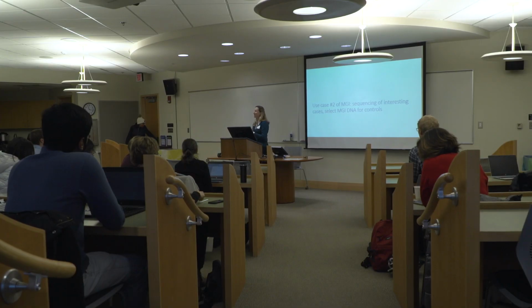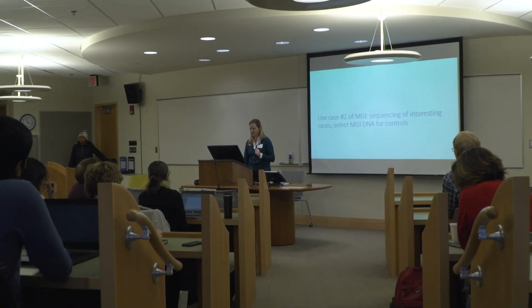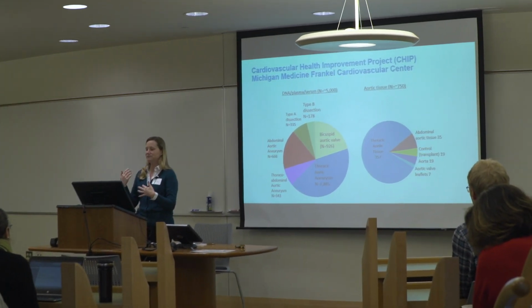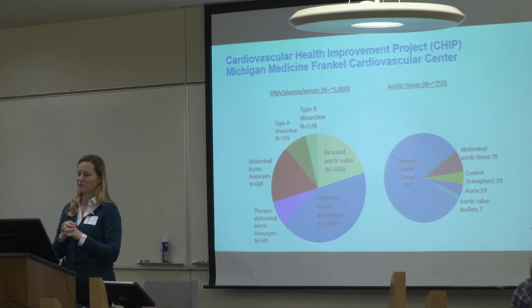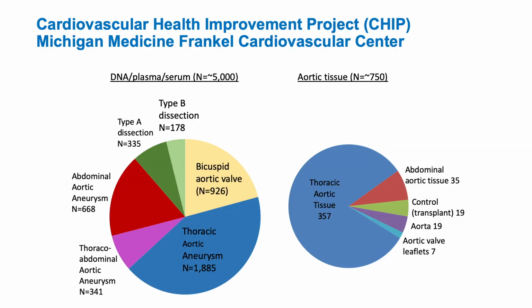And so we wanted to, of course, use controls, and we selected controls from MGI. Again, this is just an example of what we have within our Cardiovascular Health Improvement Project Biobank, something like 5,000 DNA samples, around 750 aortic tissues. In this case, we were studying the subset that had previously had an aortic dissection.